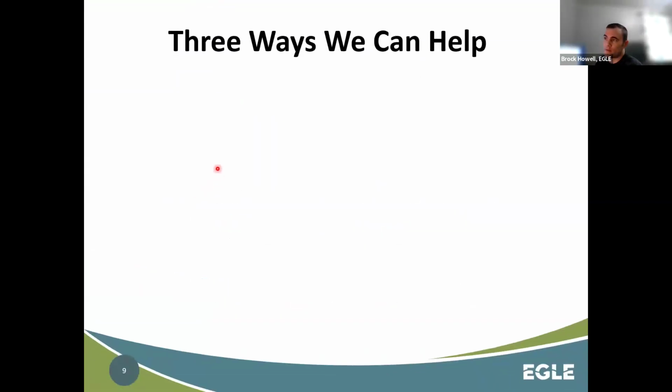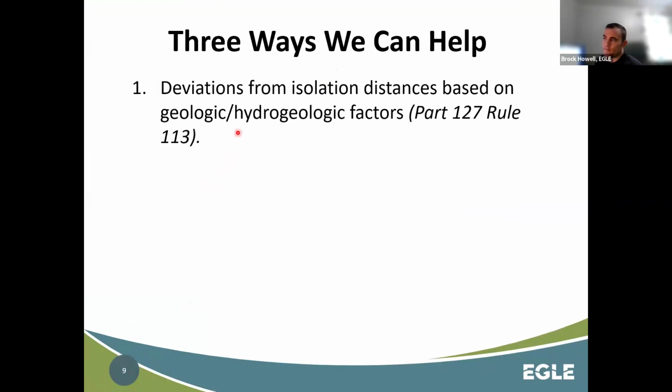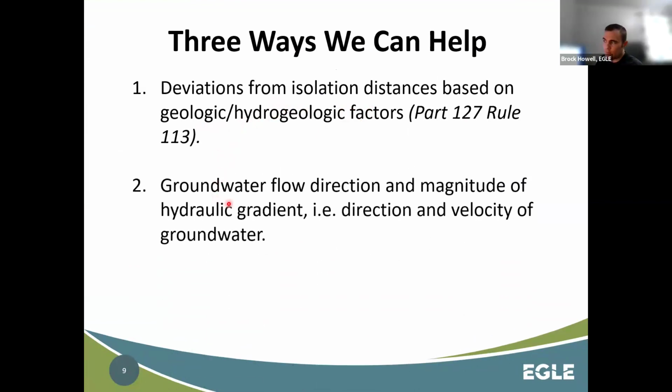The three ways we can help, of course, are deviations from isolation distances based on geologic and hydrogeologic factors; the groundwater flow direction and magnitude of hydraulic gradient, particularly the direction and velocity of the groundwater. So which way is it going? How fast is it going? Both play very key roles here.